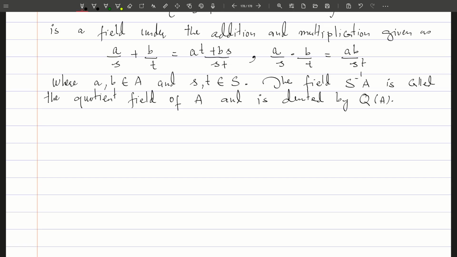Now let us look at the quotient field of the coordinate ring of a given affine algebraic set. So we have the following definition. Let X be an irreducible affine algebraic set.